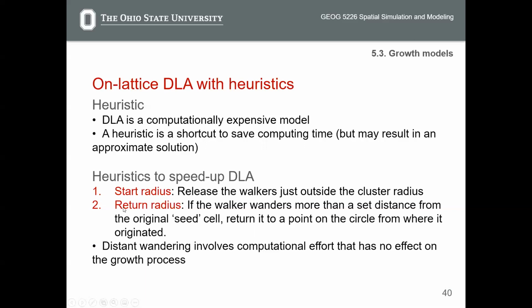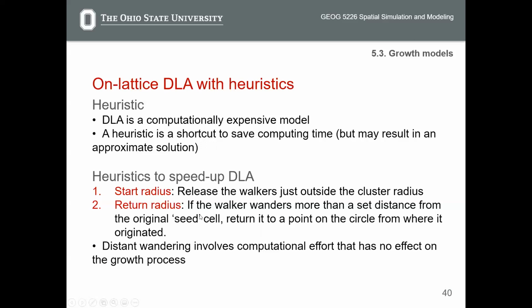And we also can have a return radius. If the walker wanders more than a set distance from the original cell, return it to a point on the circle from where it originated, because wandering far away involves computational effort that has no effect on the growth process.